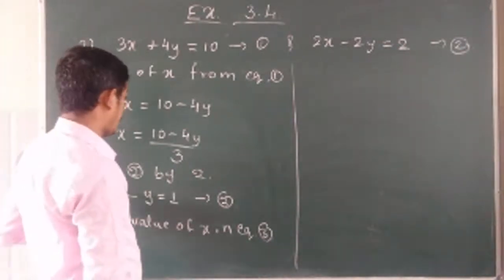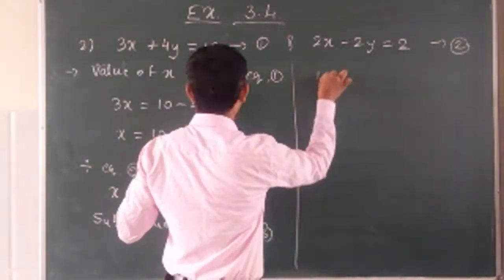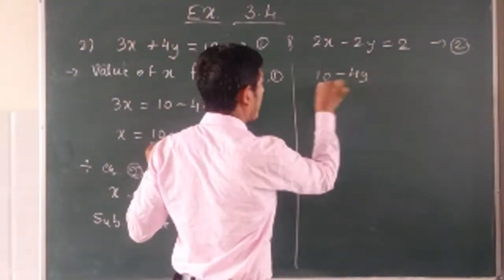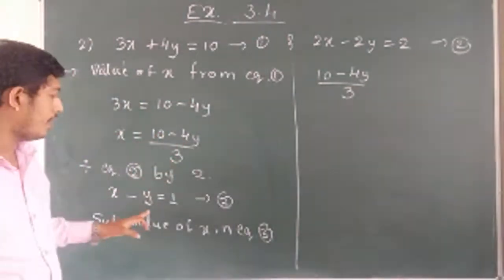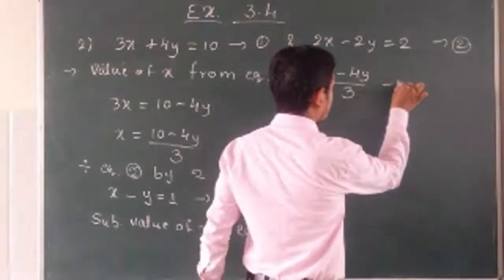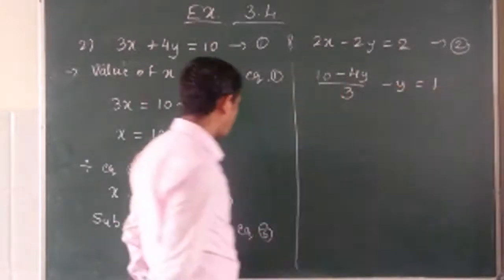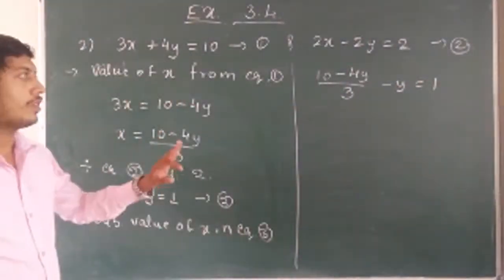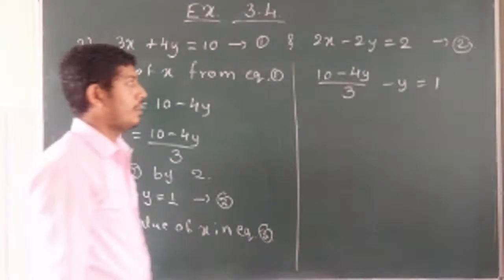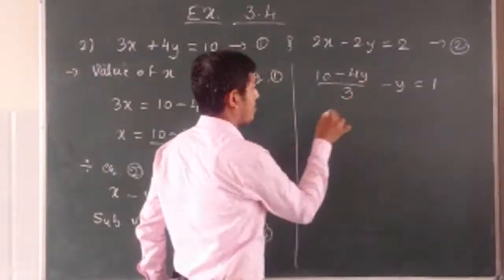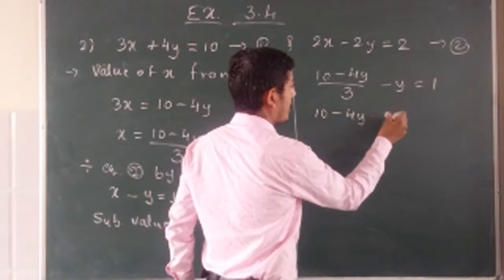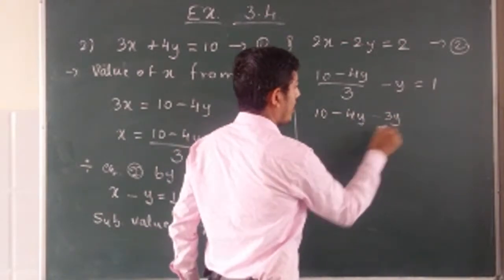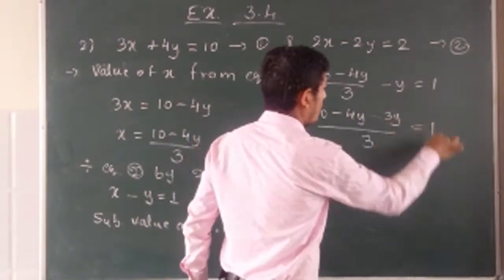So x is how much? (10 minus 4y) whole divided by 3, minus y, equals 1. So now we have to take the LCM. The LCM is 3. (10 minus 4y) minus 3y, whole divided by 3 equals 1.